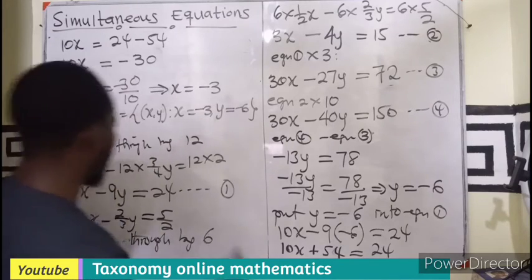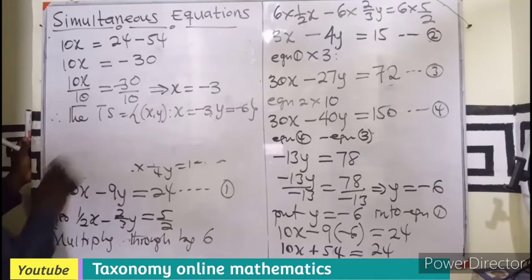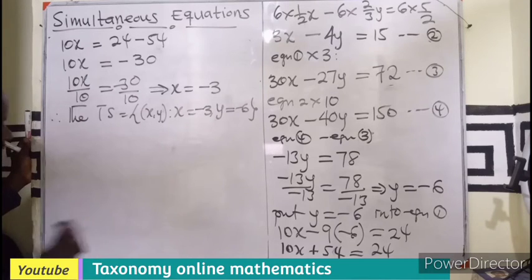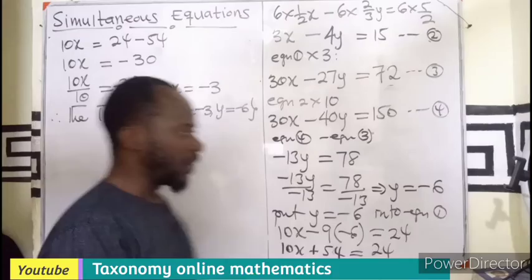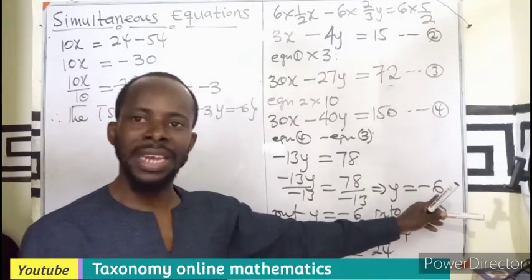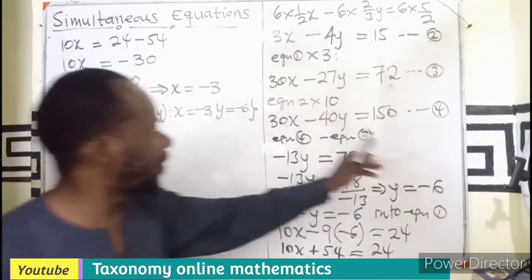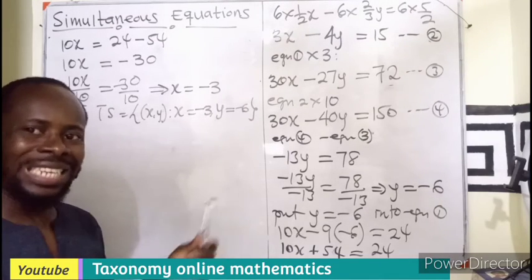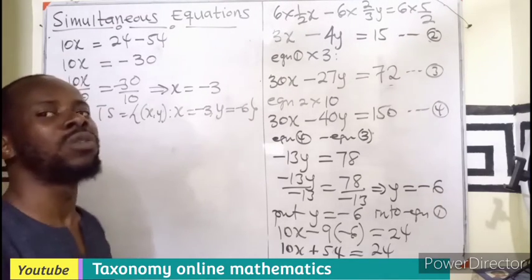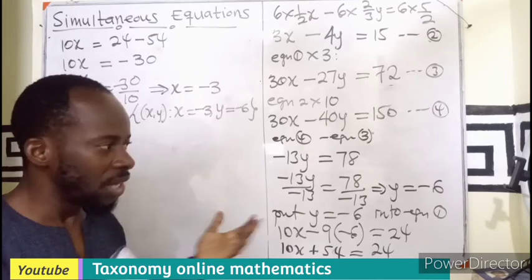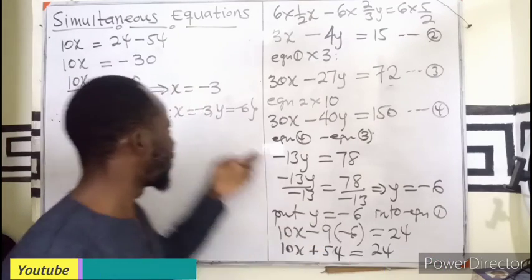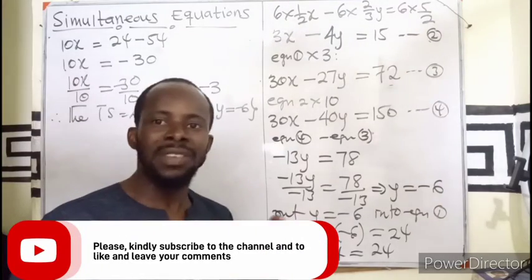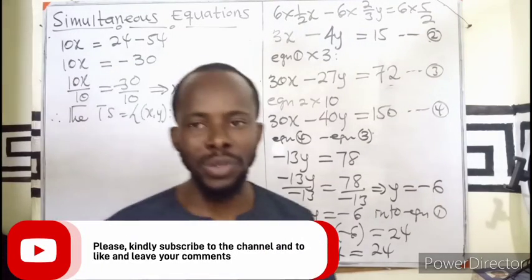But in solving this, normally we check and see whether, if we put in y to be negative 6 and x to be negative 3, we can get the left hand side equals the right hand side. If that is true, then it means these are the values that satisfy the two equations given to you.